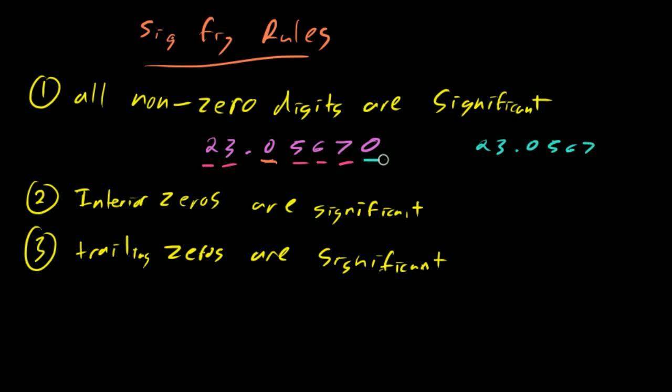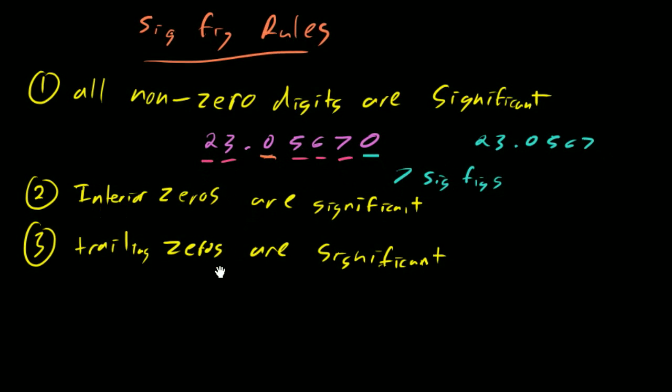But because that 0 is there, this trailing 0 is going to be a significant figure. So how many sig figs are in this number we wrote down? Well, we have 1, 2, 3, 4, 5, 6, 7. We're going to have 7 sig figs.